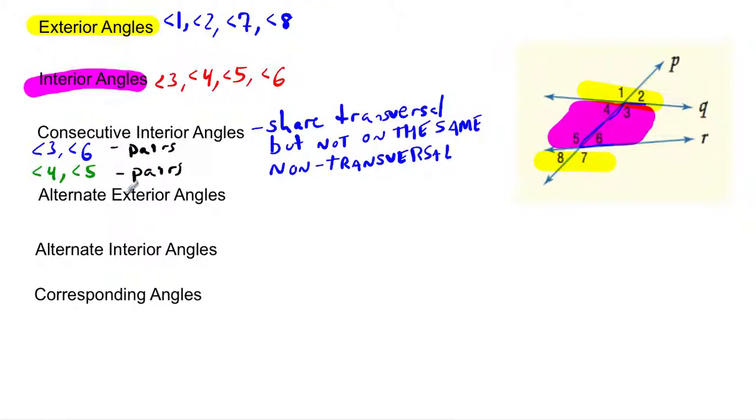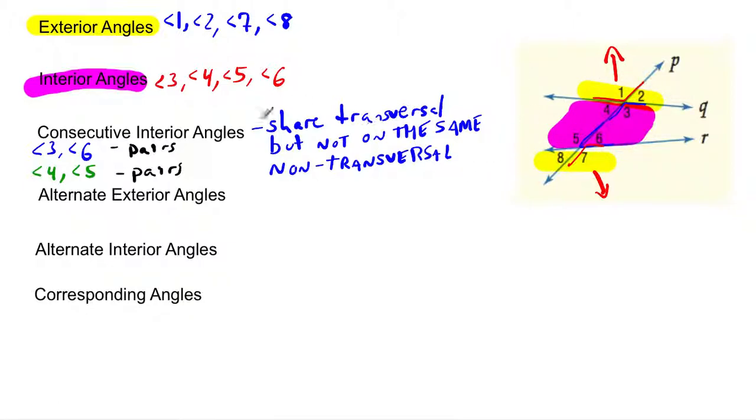Alternate exterior angles. Alternate exterior angles are going to be opening in the opposite or alternative directions. So here, if I have angle 1, notice it's looking up and to the left, whereas angle 7 is looking down and to the right. The opposite of up is down, the opposite of left is right.